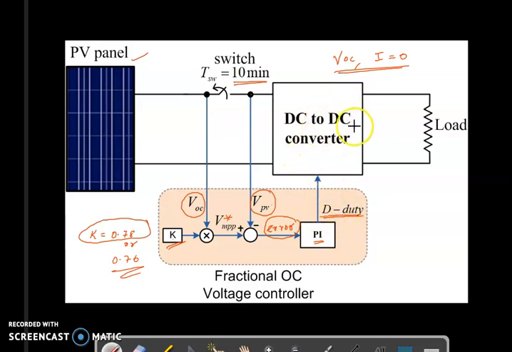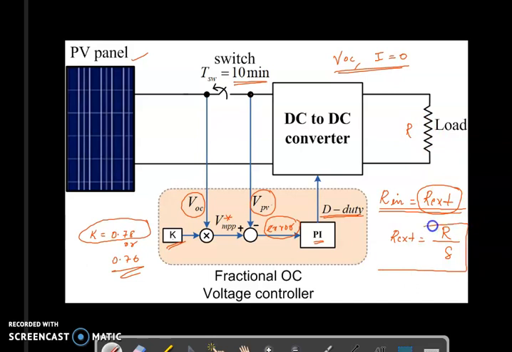So the DC to DC converter always tries to bring the external resistance equal to the internal resistance. This is the maximum power transfer theorem behind it. So what is external resistance? The external resistance is the load resistance seen through the duty.